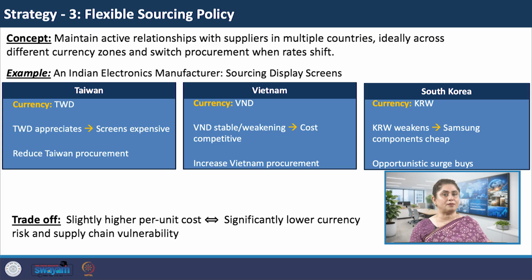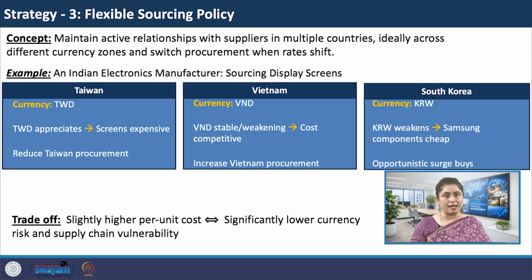Look at the three supplier zones on this side: Taiwan, Vietnam, and South Korea. Each operates in a different currency. When the Taiwanese dollar appreciates, Taiwanese screens become expensive and the firm reduces procurement from Taiwan and increases it from Vietnam, where the currency is stable. When the Korean won weakens, Korean components become the most cost competitive option.